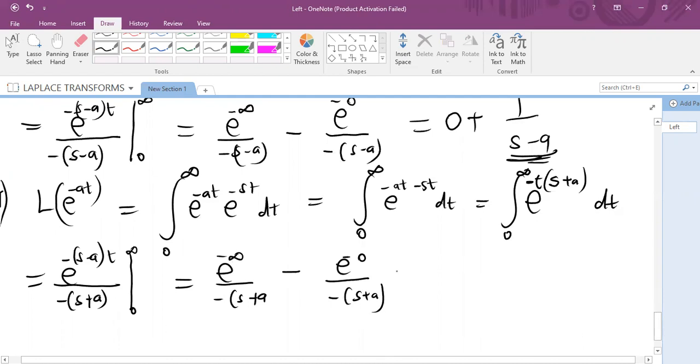Exponential minus infinity is 0, so we'll have 0 there, minus minus will give me a plus, and e^(-0) is 1, so I'll have 1 over (s plus a). And this is basically the Laplace transform of e^(-at).